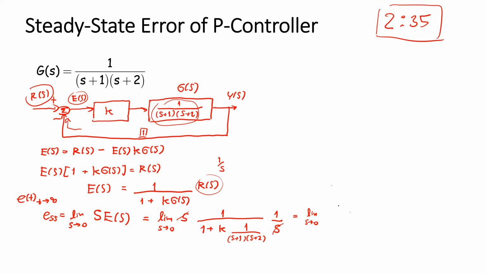We multiply all the terms by the denominator. When s is close to 0, we have 2 per 2 plus K as the steady state error.